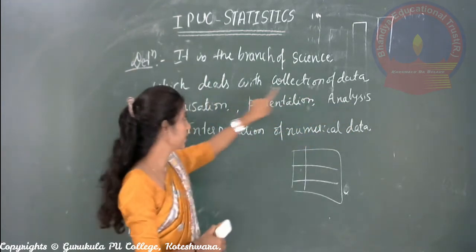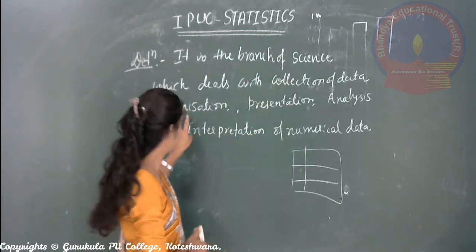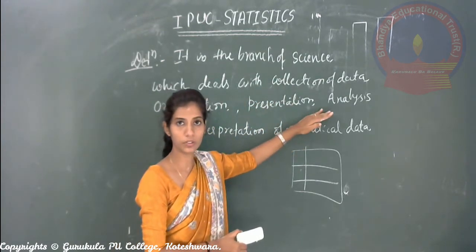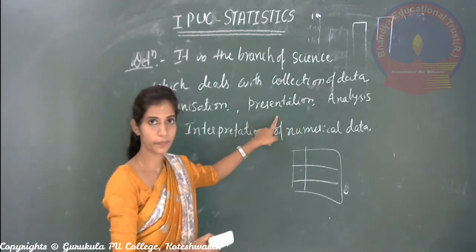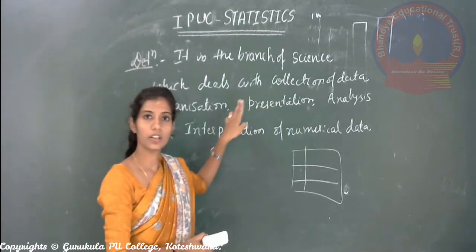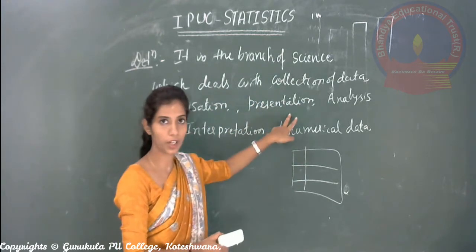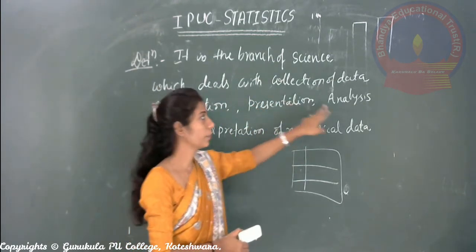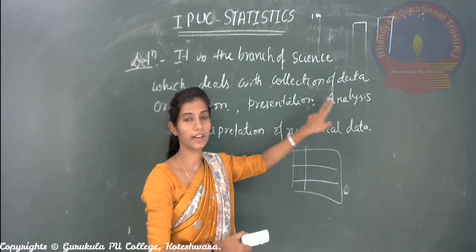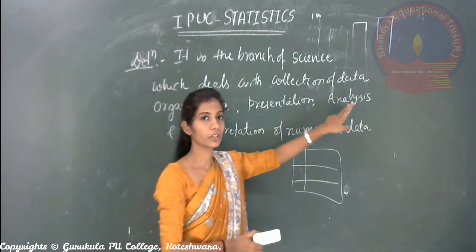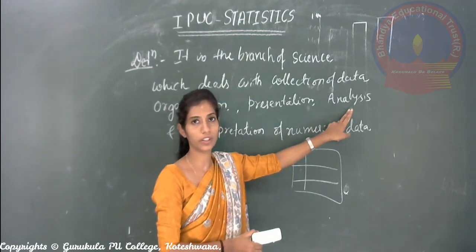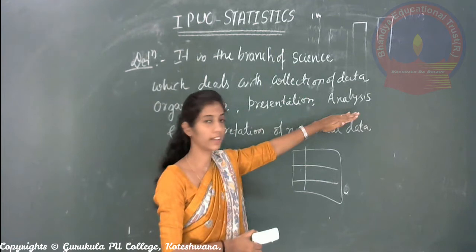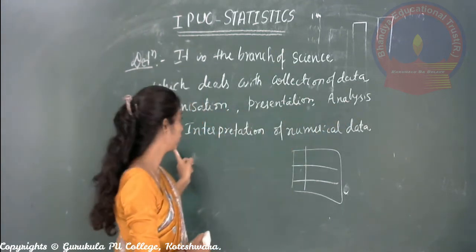So these three steps, collection, organization and presentation, anybody can do with proper guidelines. Common people or anyone can conduct these three steps with proper guidance. But the analysis part, only those who have good knowledge about the subject and are familiar with the tools and techniques can handle.